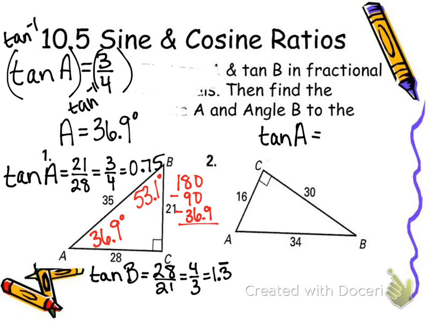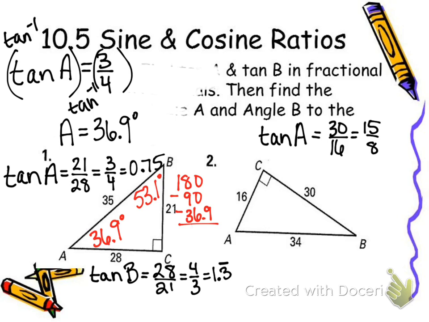That would be for B. So the 30's across from A, so opposite is 30. That goes on top over the adjacent is the 16. What does that reduce to? 15 over 8. That's not right.